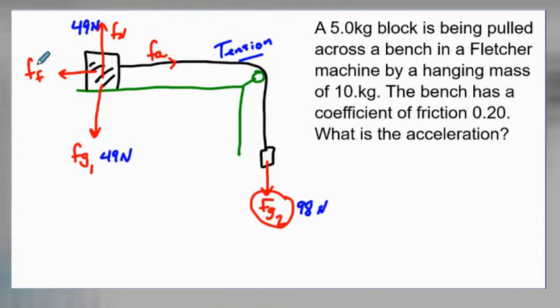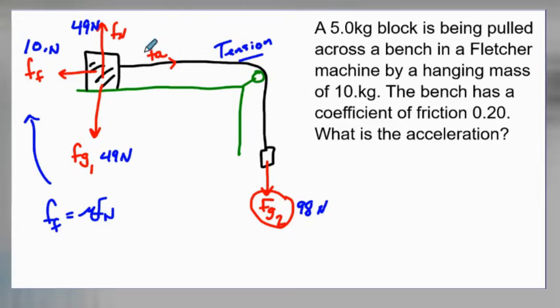Now I can calculate my force of friction. Remember, my force of friction is equivalent to mu times my Fn. So that will be 49 times 0.2, which rounded off to the right number of significant digits gives me a 10 newton force opposing the motion of the block.